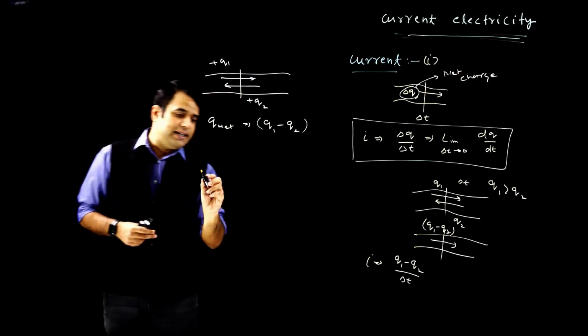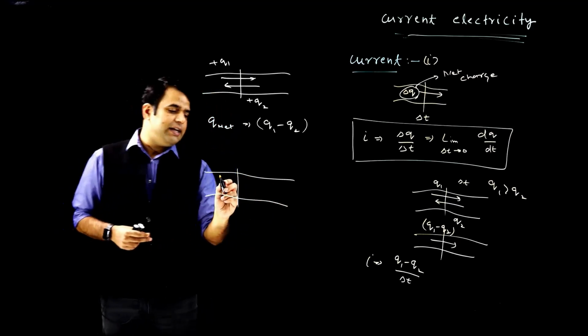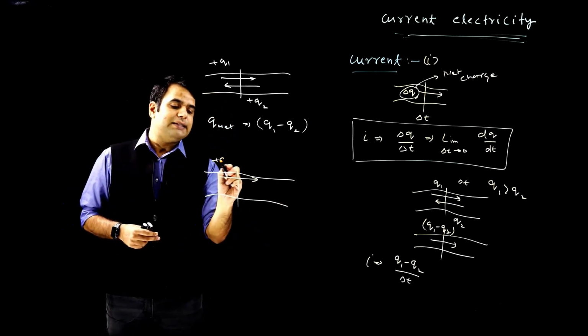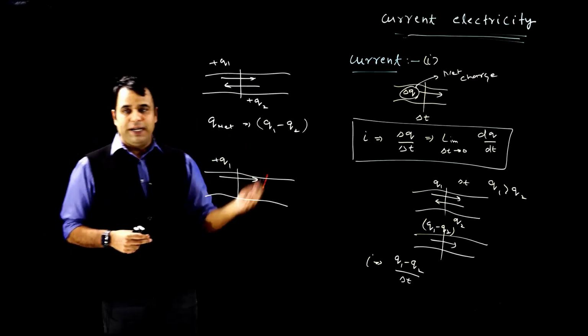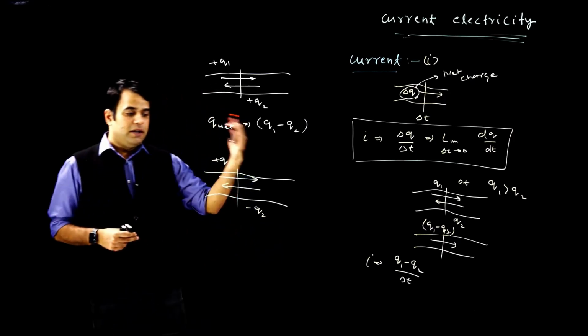Now take the second case. If the same cross-section area is there, and plus Q1 charge is passing from left to right, but minus Q2 charge is passing from right to left.